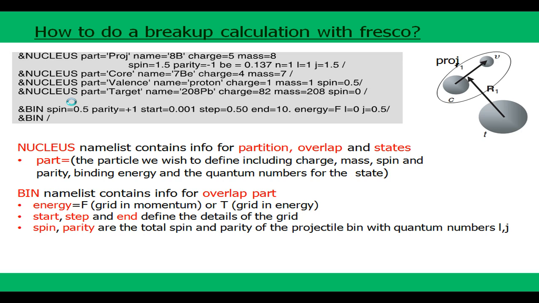Anyone can think what should be the spin of boron 8, just given the number of nucleons? Should it be 3 halves? Do you expect it to be half integer? No, Jose? No?